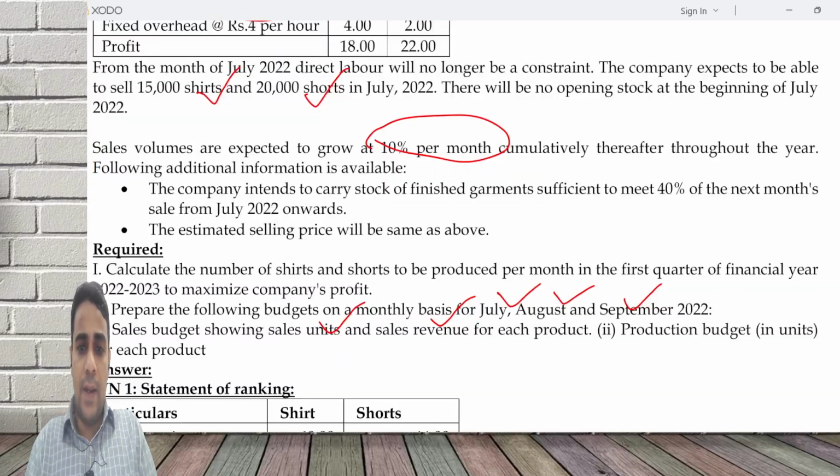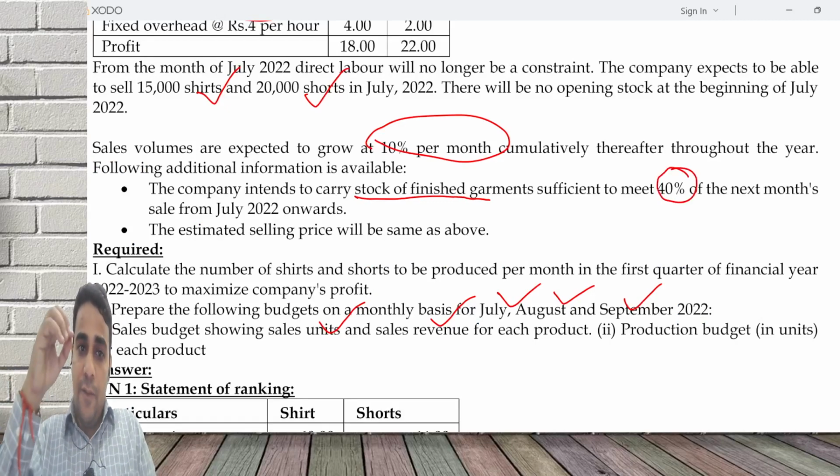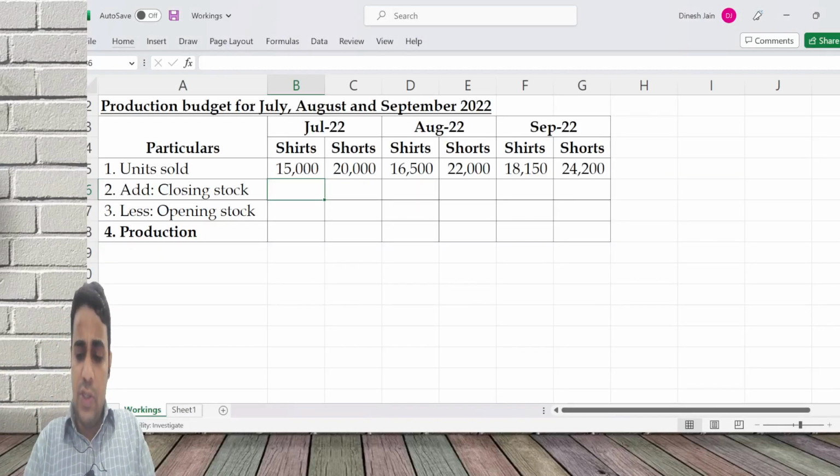Closing stock: they're saying the company maintains a stock which is sufficient to meet 40% of the next month's sale. So closing stock of July is 40% of August sales.